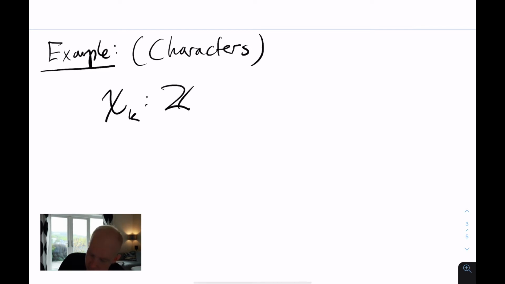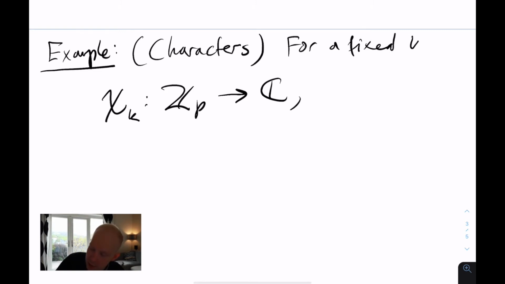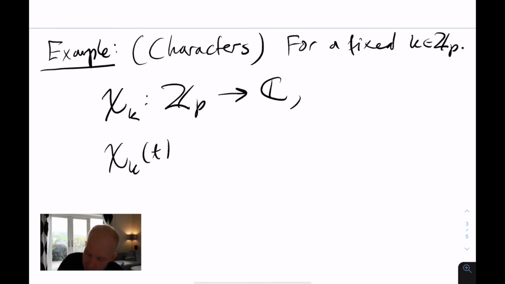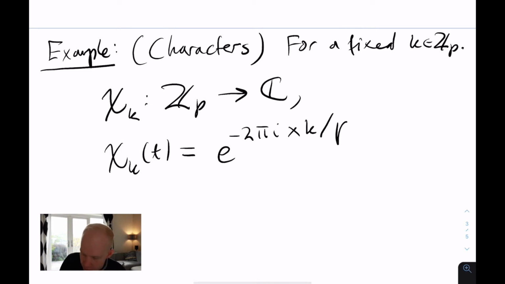It's a function from Z_p to C. We have a fixed k in Z_p here, and we define chi k of t to be equal to e to the power minus 2 pi i, as in the definition of the Fourier transform. Okay, and this would be t, with t in Z_p.